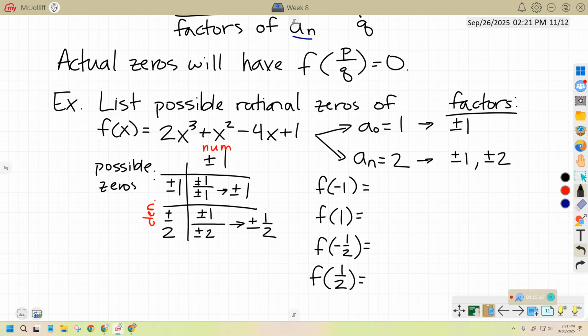I only need to do it once. The calculator can do the rest for me because I can copy and paste my entry. So let's start with f of negative 1. I know the form of my equation is 2x cubed plus x squared minus 4 times x plus 1.